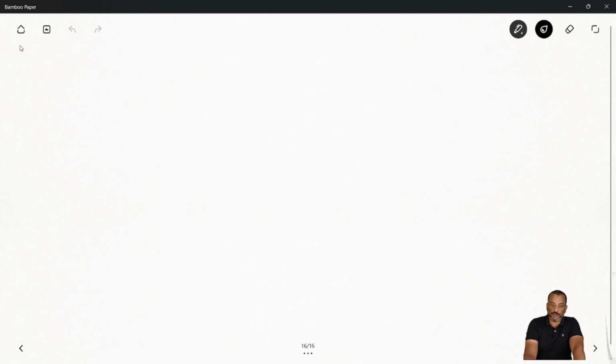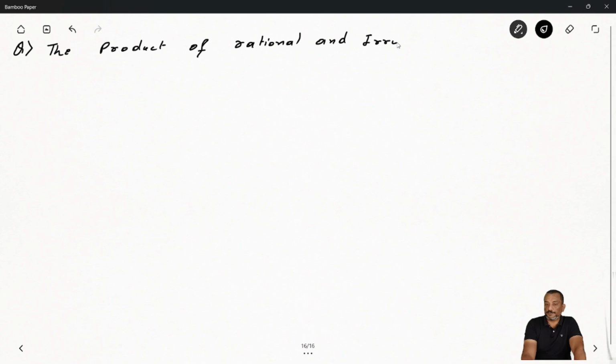I'm giving an MCQ question, so you can solve it and give the correct answer in the comment section. The question is: the product of a rational number and an irrational number is what?